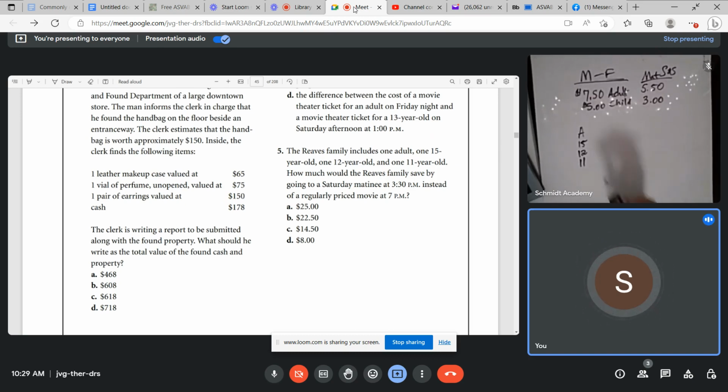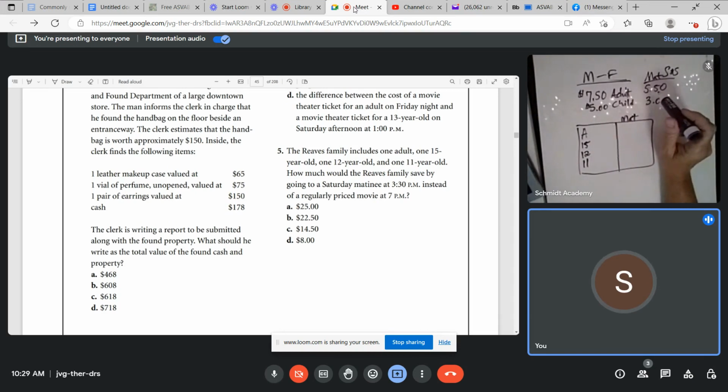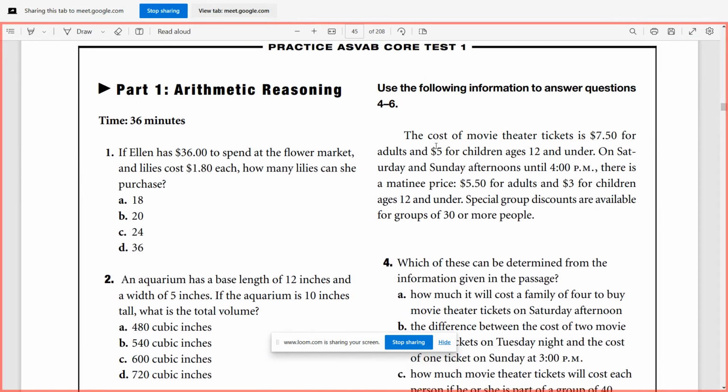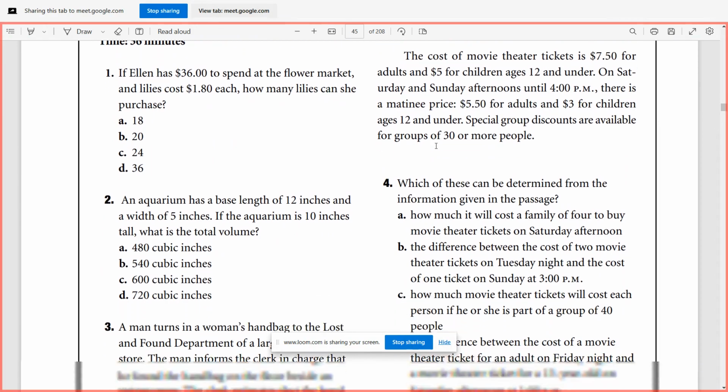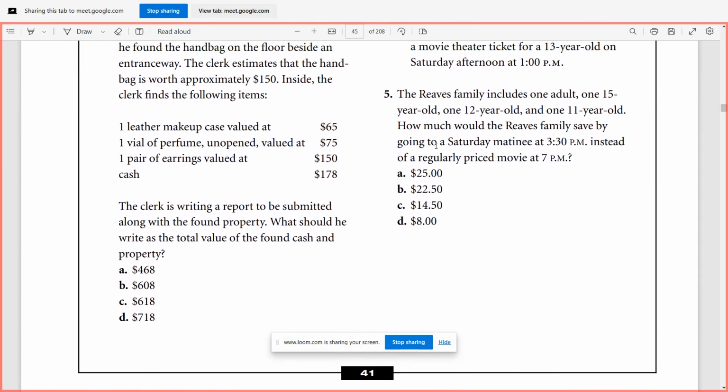So let's look at the Saturday at 3:30. Let's make a little chart. That's going to be the matinee price. I'm going to write it over here. It's going to be $5.50. What was the age? Let's look back at the ages. 12 and under get the cheaper prices. So the adult and the 15-year-old are going to pay the $5.50 price.